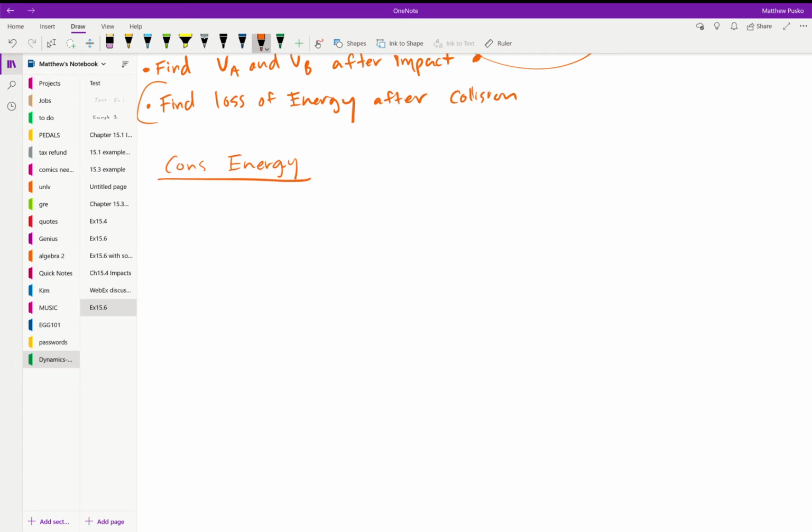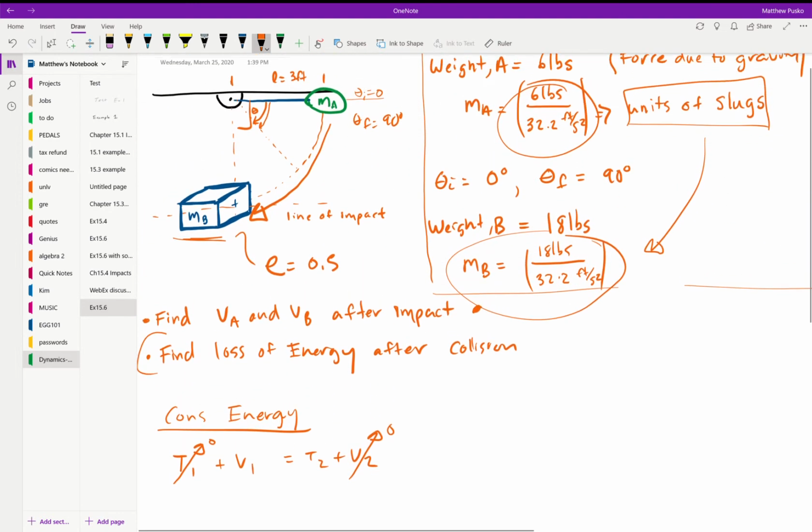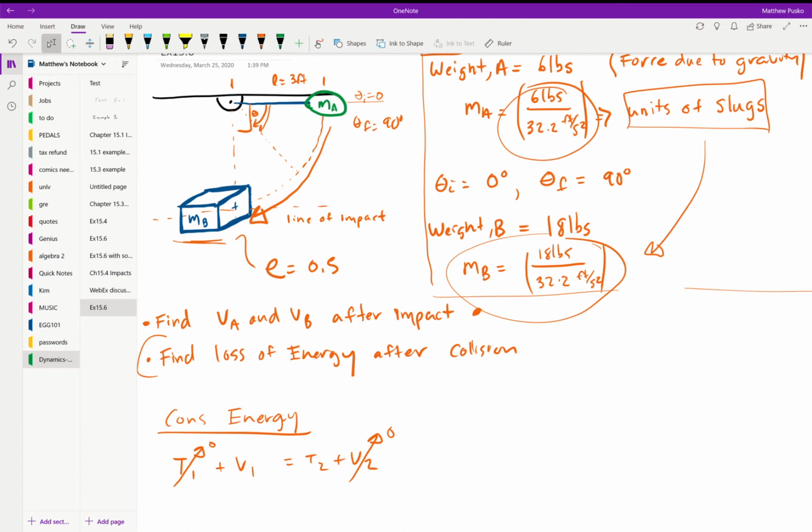Alright, so let's do T1 plus V1 is equal to T2 plus V2. In its initial state, it was held at rest, so it has no kinetic energy. It's going to turn into all kinetic energy. And we're told that this length of string is 3 feet, so that drop is also equal to 3 feet.